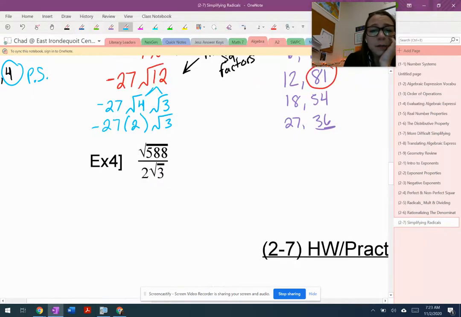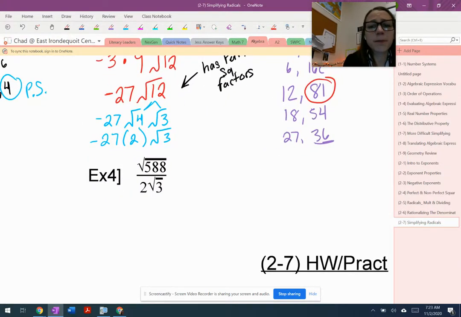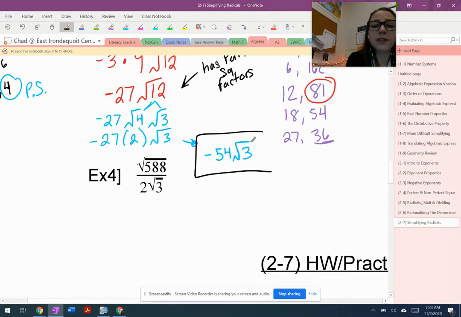I don't remember. Yep. Which is going to be, I don't know where to write this. Let's go this way with it. -54 square roots of 3 is my final simplest radical form answer.